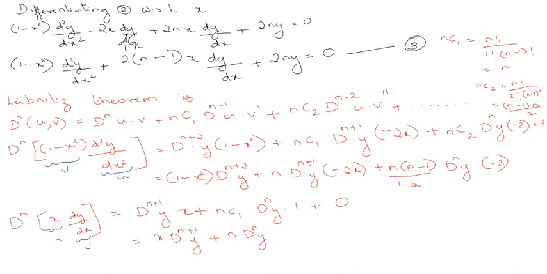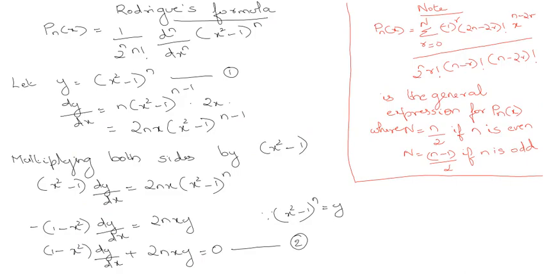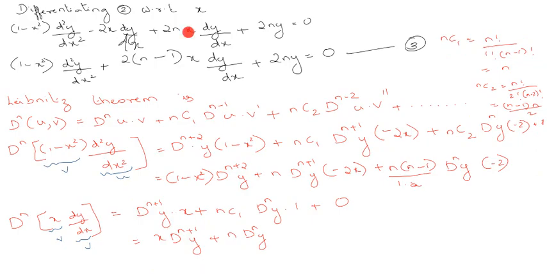Now the differential of 1 minus x square is minus 2x. So minus 2x into dy by dx plus 2n into x into dy by dx plus 2ny is equal to 0. That is, by differentiating this equation, we will be getting this equation.